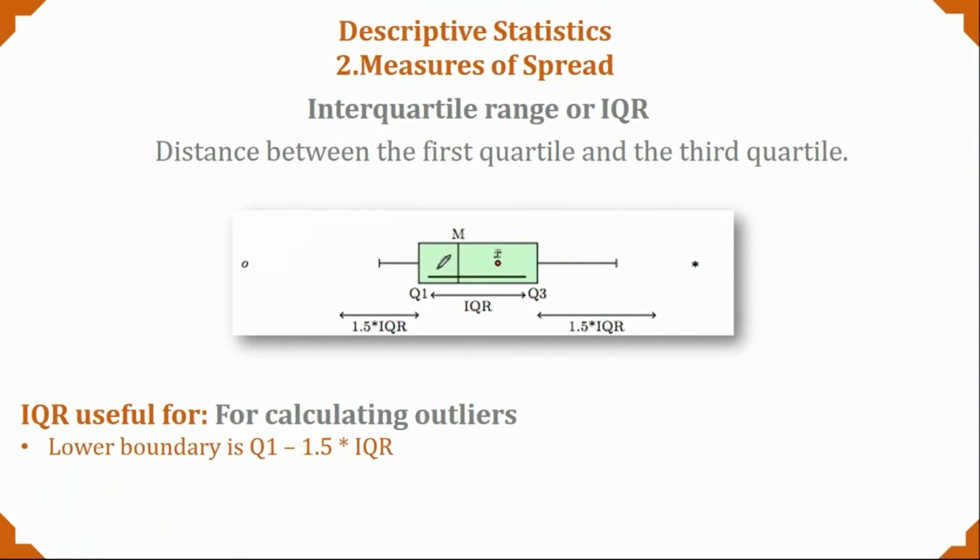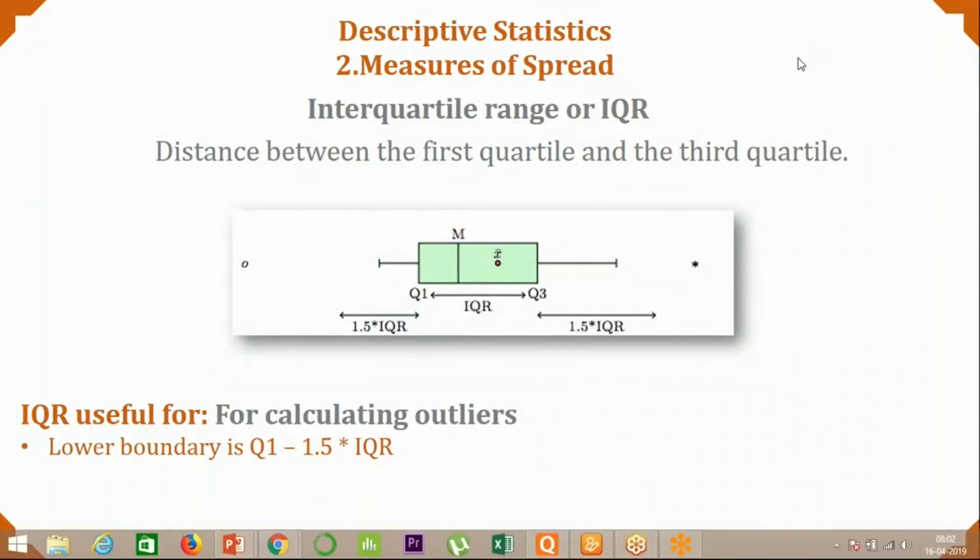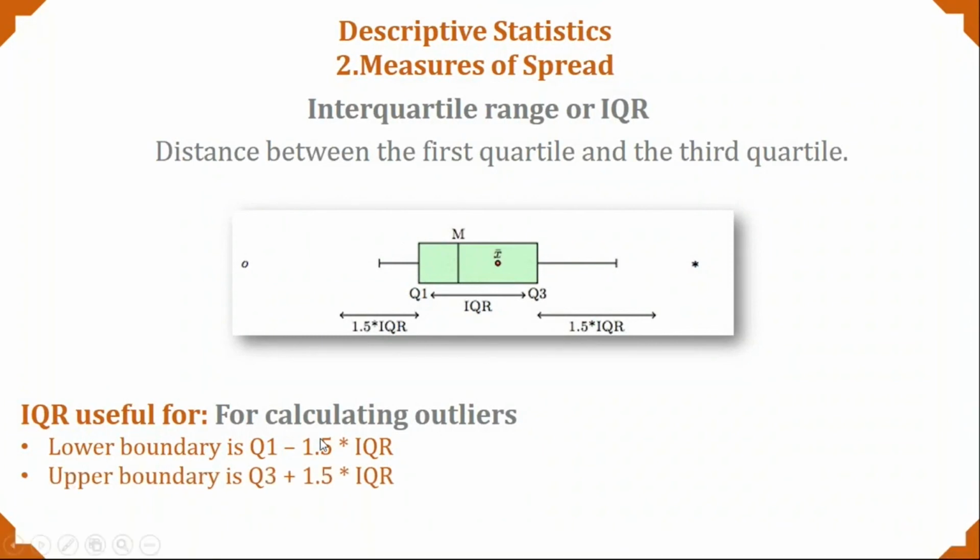Minus will go to this side. So if we add any value with Q3, Q3 plus 1.5 into IQR, it will give you the extreme values which are above the Q3 whisker. Is that right? Yes, that is right. So this is how we can calculate the outliers from the data set.